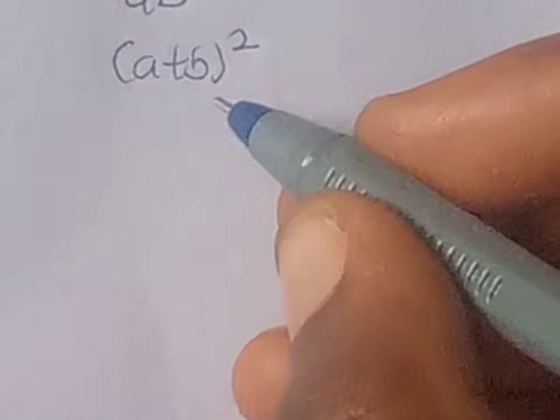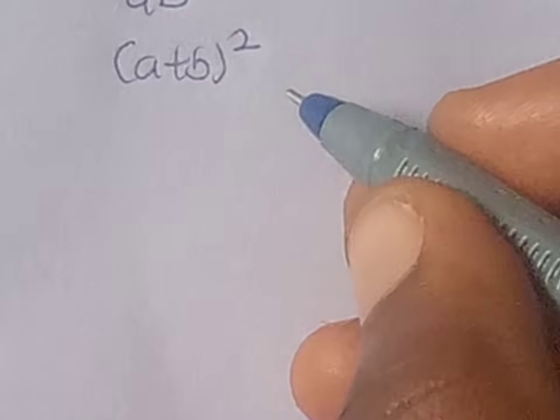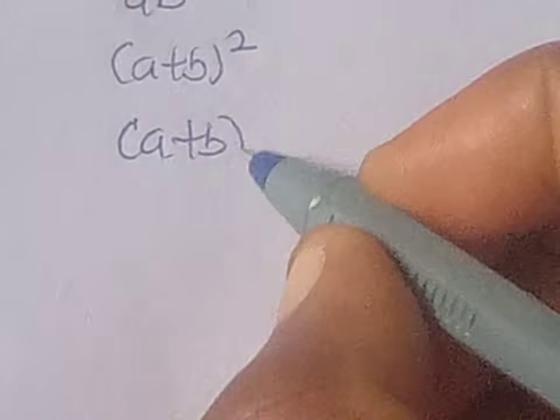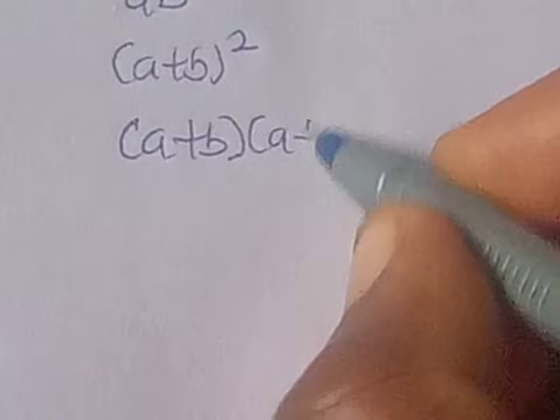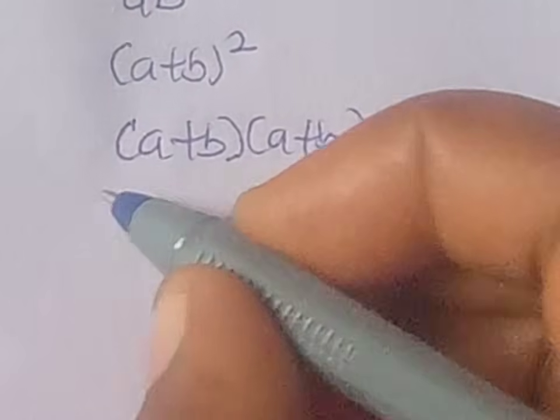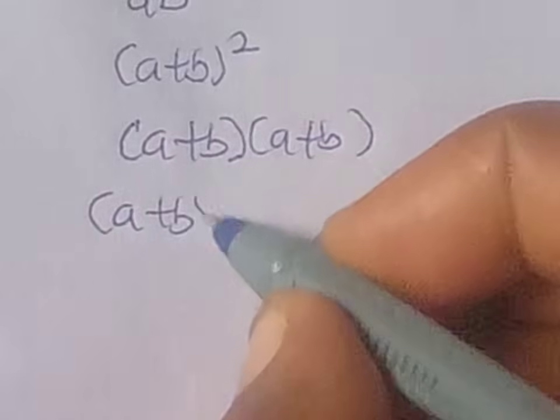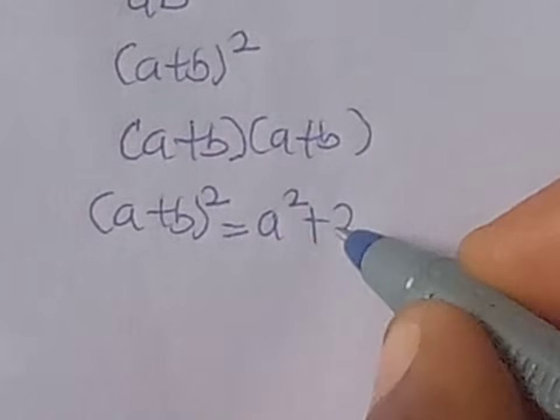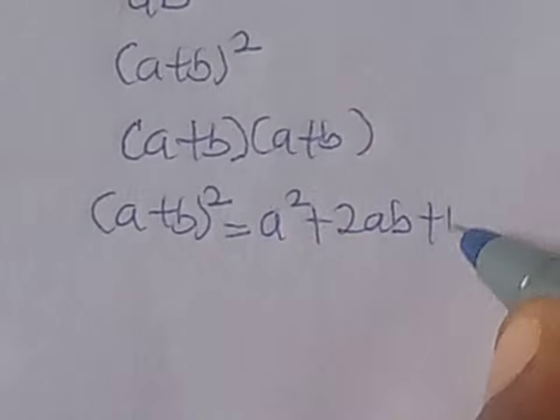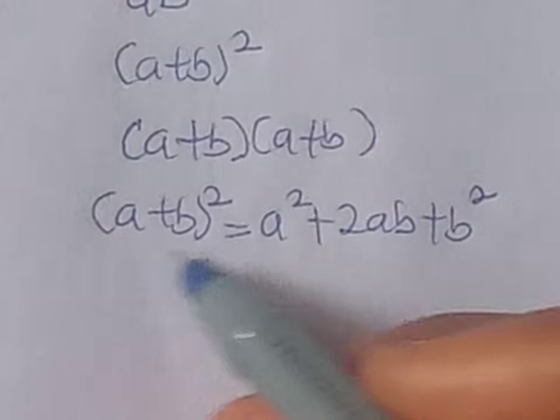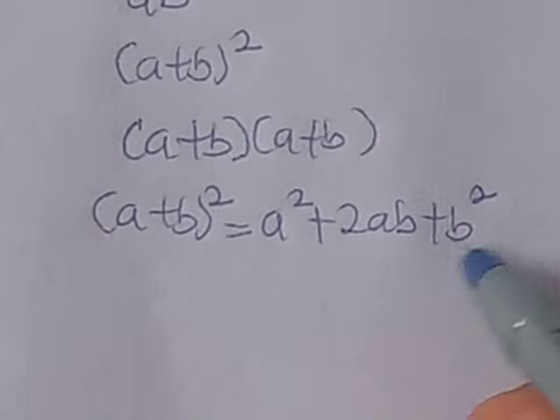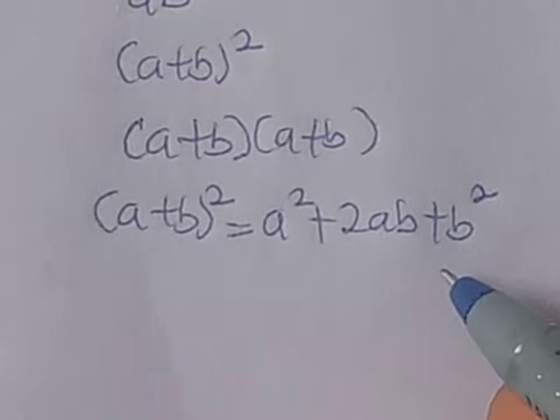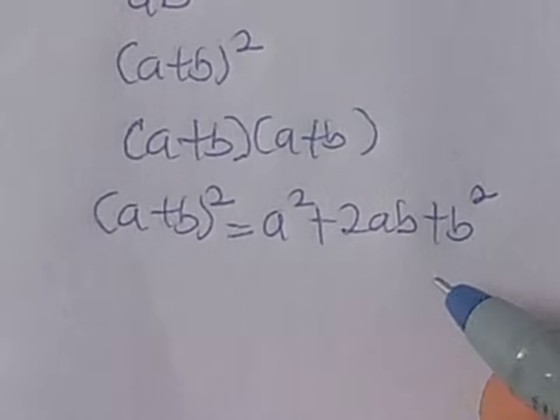The formula is (a plus b) times (a plus b), that is (a plus b) square, which will give us a square plus 2ab plus b square. By the time you expand this, you realize this is one of the most important formulas in algebra.